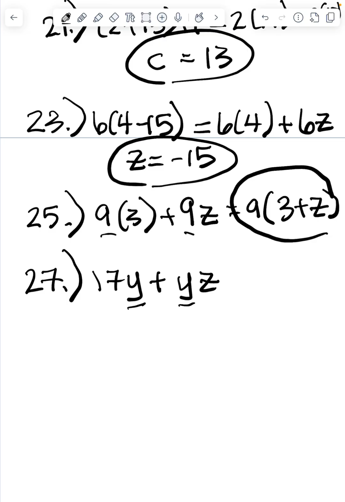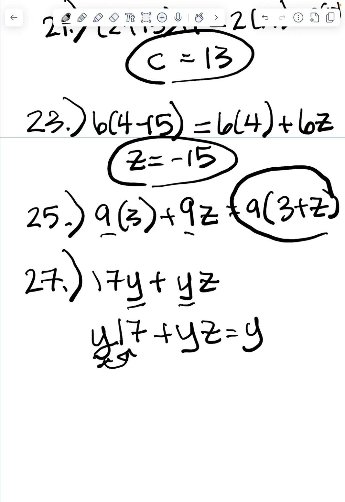So I'm going to rewrite it as y17 plus yz. I'm allowed to do that because with the commutative property of multiplication, you can switch the order. So now I can see that the y is the thing being distributed to the 17 and the z.